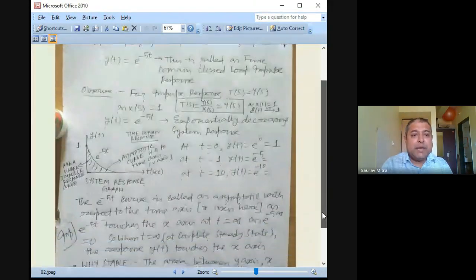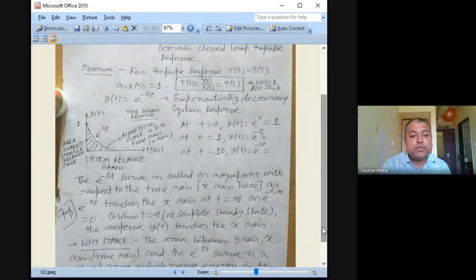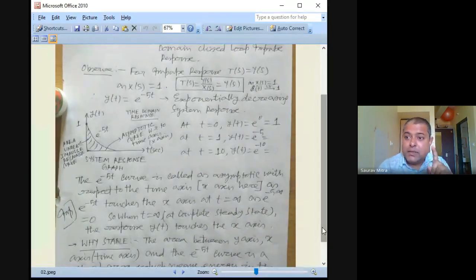Okay, so whenever I am asking you to find a response, the response you have to find in time domain. So there can be two types of response. I give you a transfer function that is Y(s) by X(s). I ask you to find the impulse response, number one. I ask you to find the step response, number two. So this is our lab today. For any given closed loop transfer function, we can find out and we can plot.